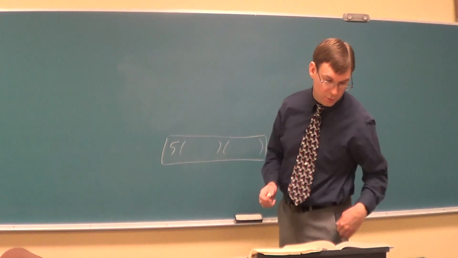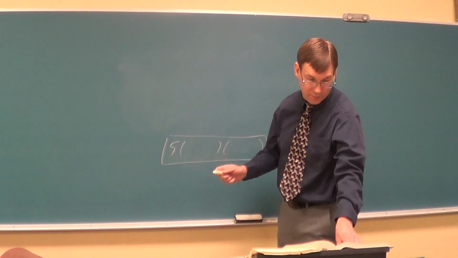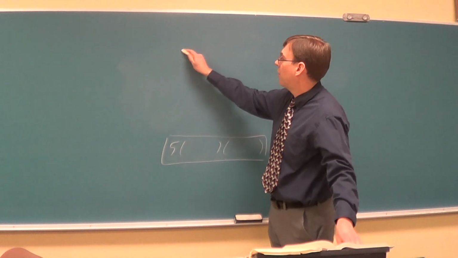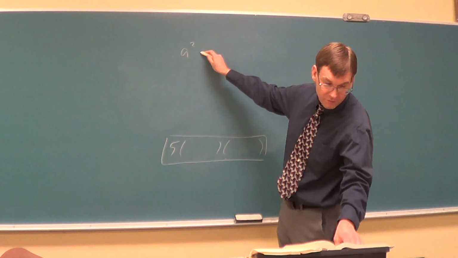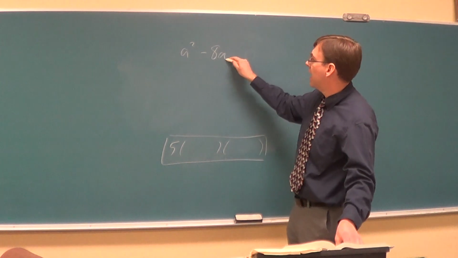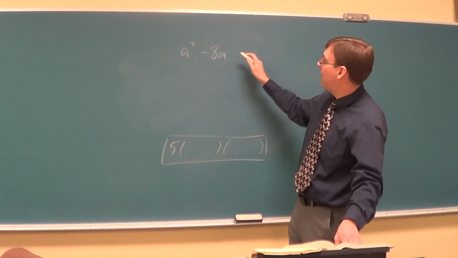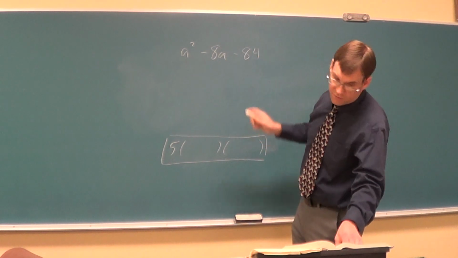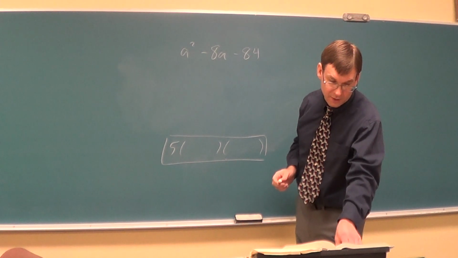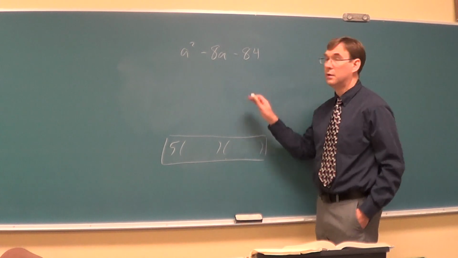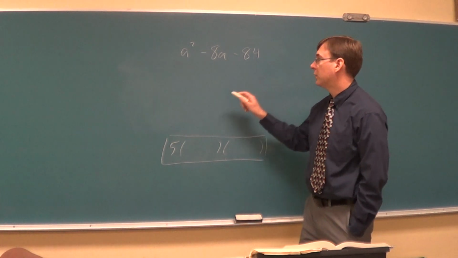And in all the in-between steps, I don't feel like copying that 5 a bunch of times. So I'm going to go a squared without the 5, minus 8a, where I divided 40 by 5, minus an 84, because I'm dividing the 420 by 5. You okay with that? Yeah.